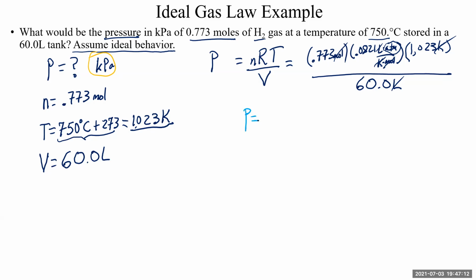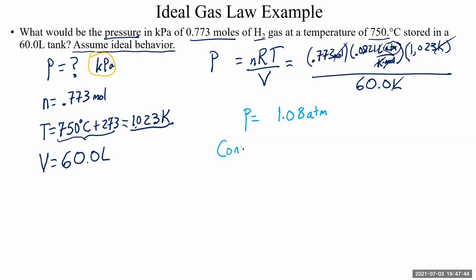So P equals 0.773 divided by 60 times 0.0821 times 1023. We get 1.08 atmospheres. Oh, that's pretty close. That's just 8% more atmosphere than what we would get at the beach, at sea level on Earth. So pressure is 1.08 atmospheres.